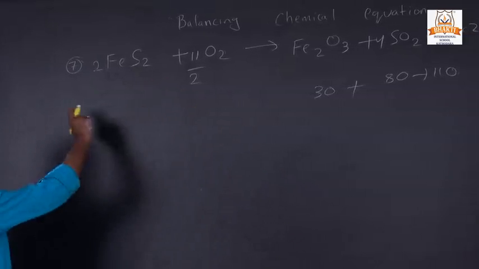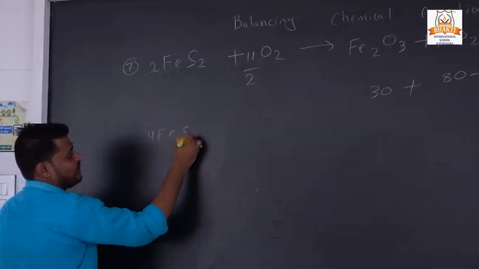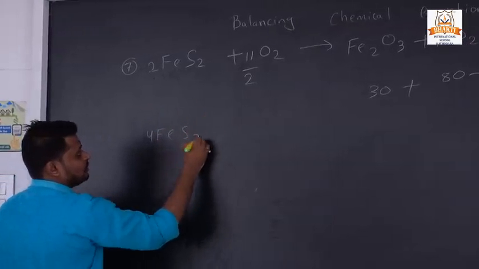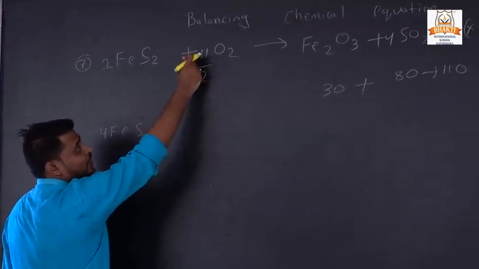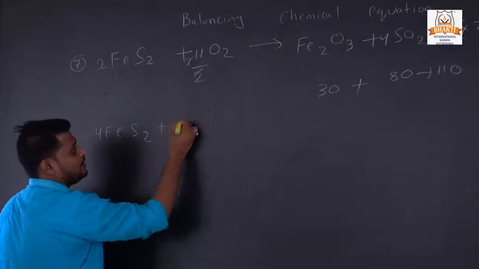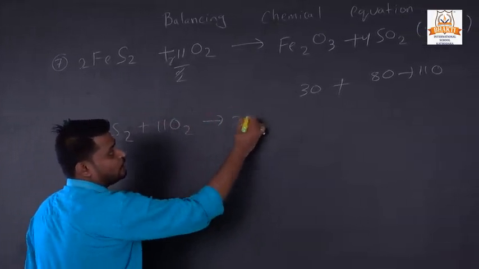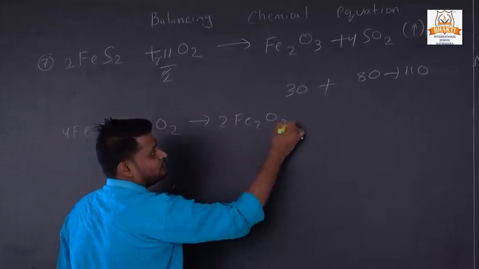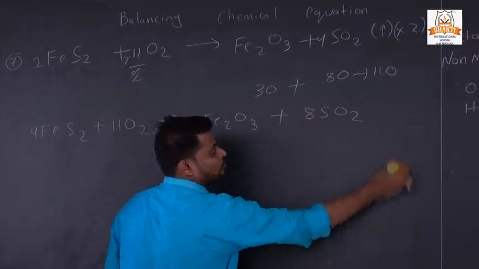Now we will multiply whole equation with 2. Now 2 2 is 4 FeS2. Then here we multiply 11 with 2. Then 2 and 2 cancel. So only it remains here 11 oxygen. And 2 Fe2O3 plus 4 2 is 8 SO2.